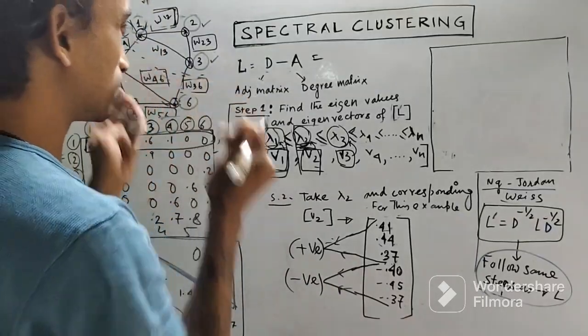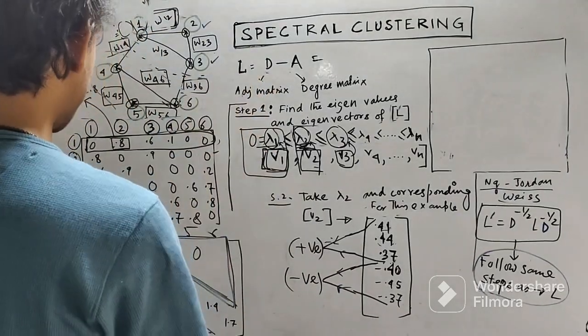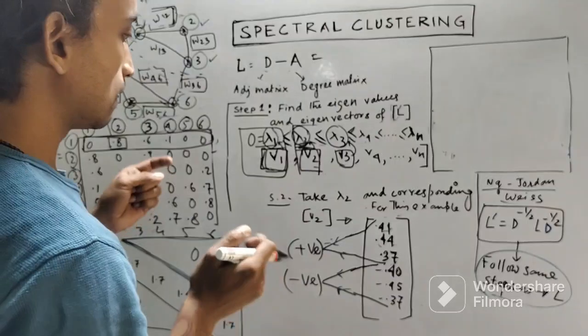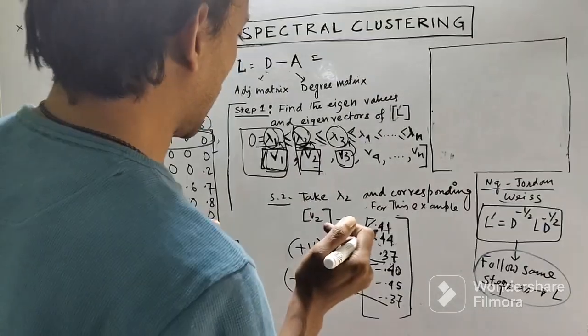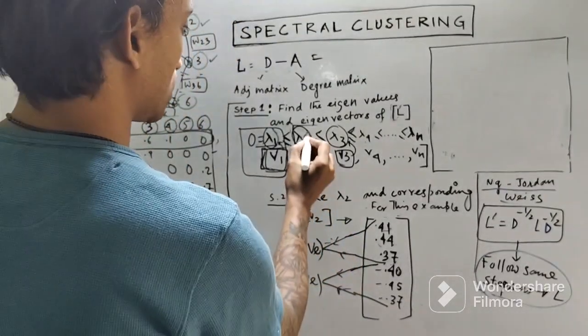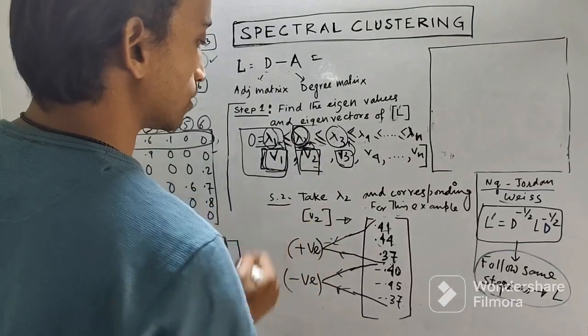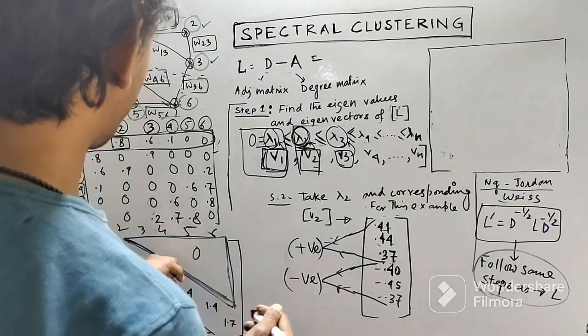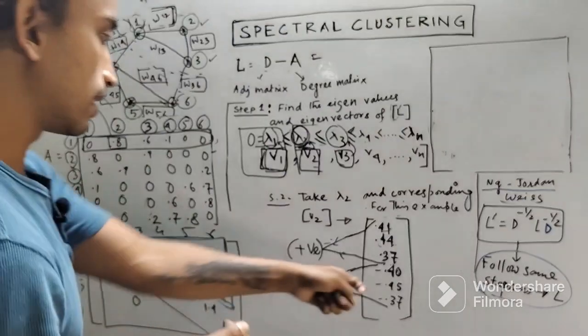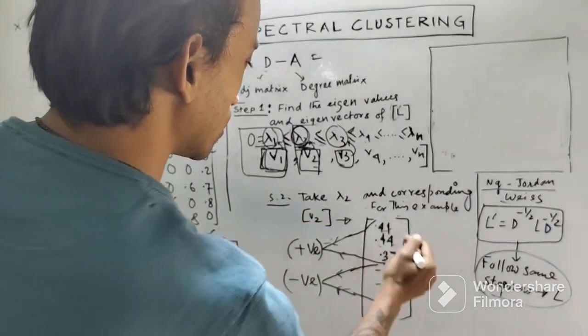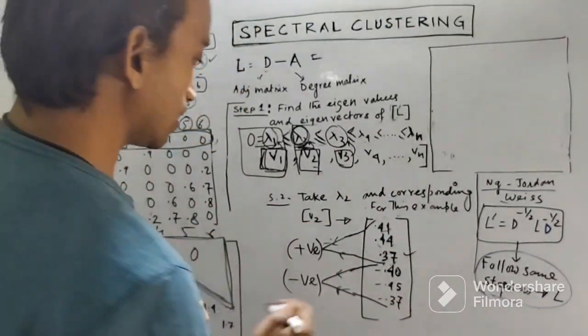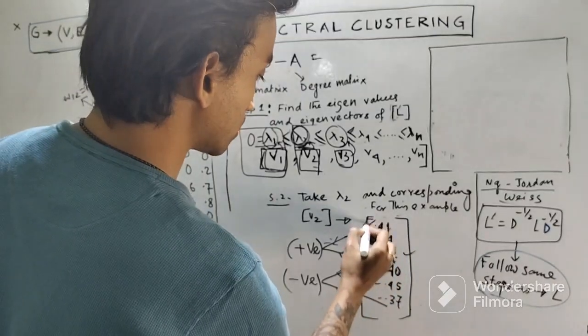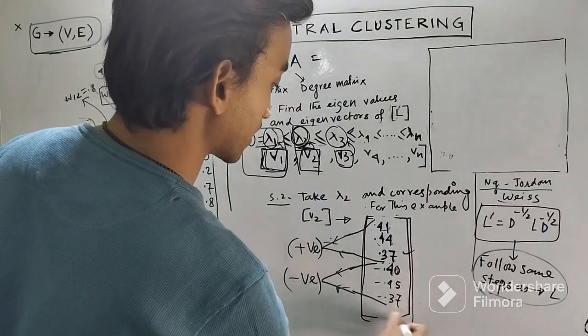Simply find the Laplacian, then compute the eigenvalues and eigenvectors, and find this lambda 2 and the corresponding v2. I took this example and computed it on my own, and extracted this value to make you understand. This will be the structure of this particular vector.